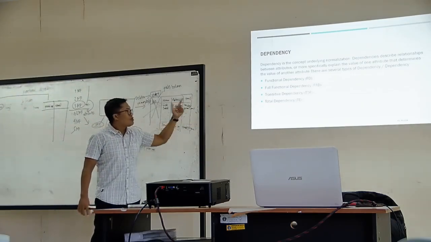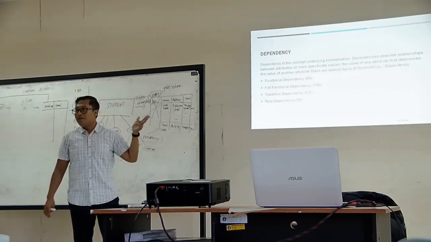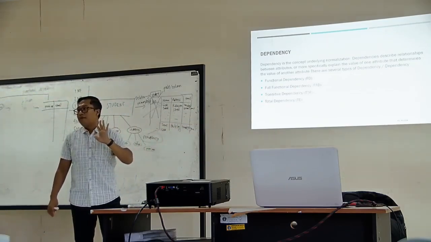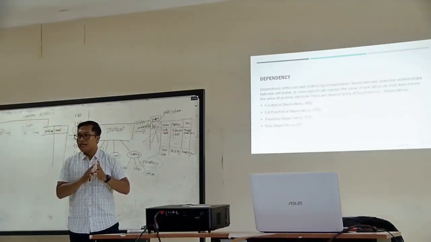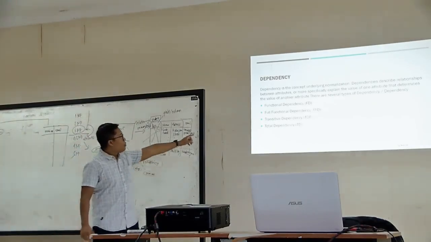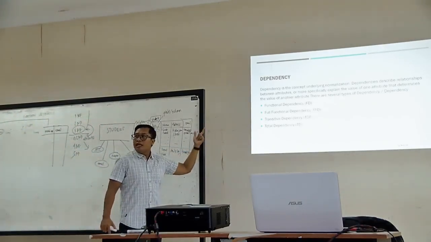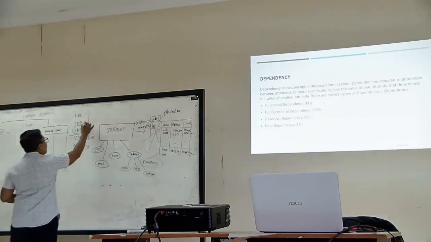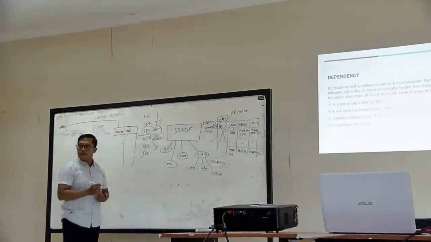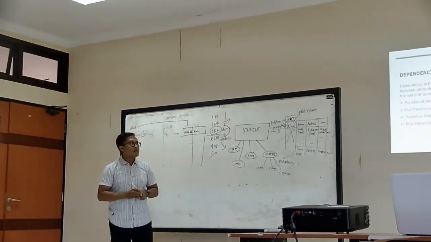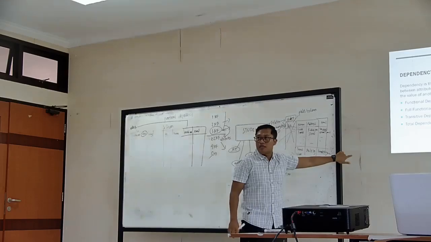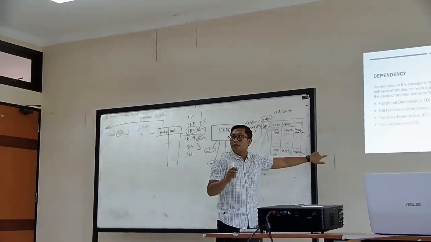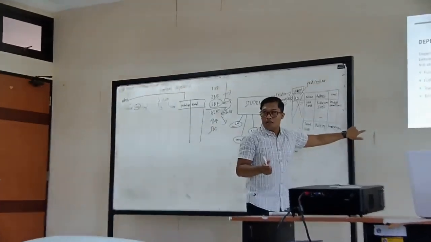And the last is total dependency. These types will be used in the second normal form and third normal form. First normal form doesn't need to identify functional dependency. The first normal form is the simplest stage.